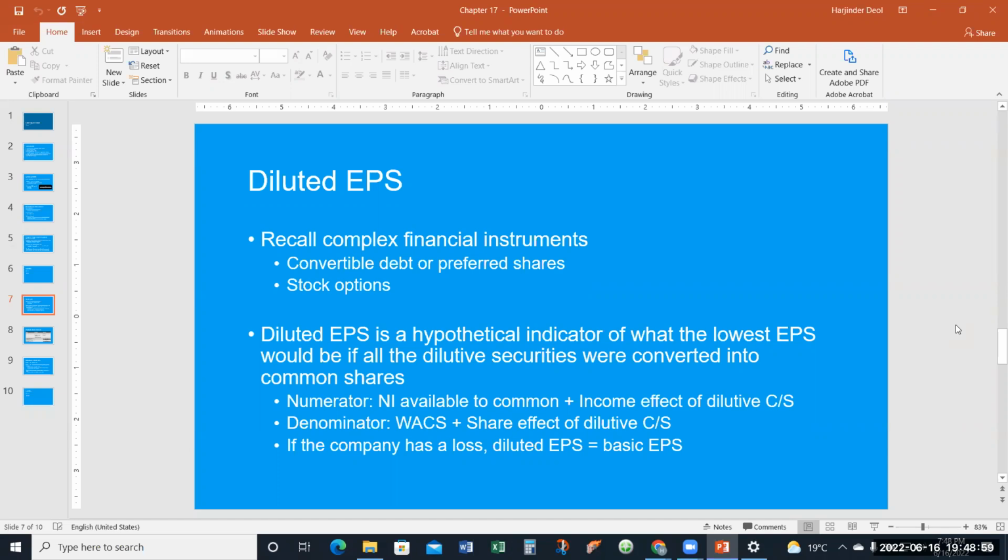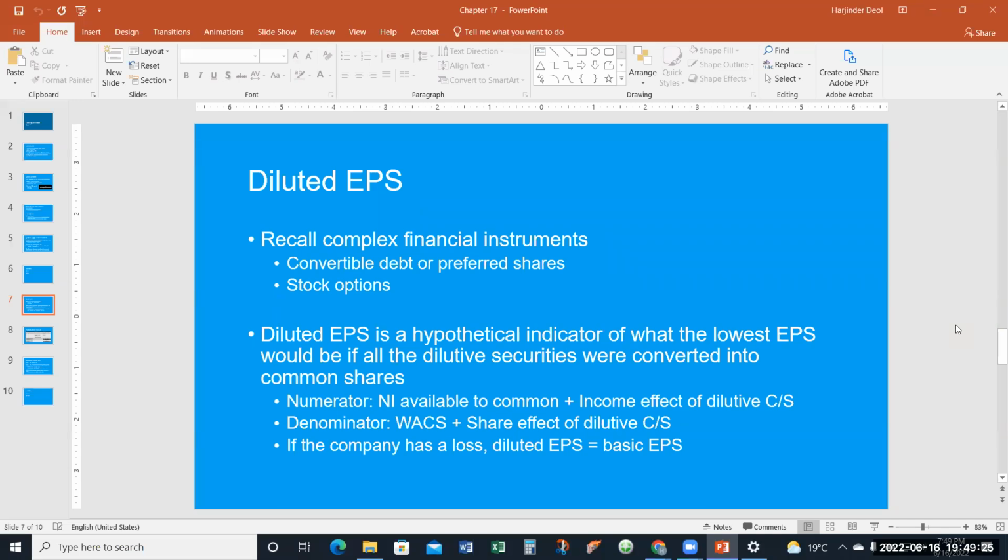So what's unique about the diluted EPS? Ignoring any possibility of stock dividends and stock splits, we're saying, what if we have some complex financial instruments like convertible bonds, or stock warrants, or convertible preferred shares, or stock options?